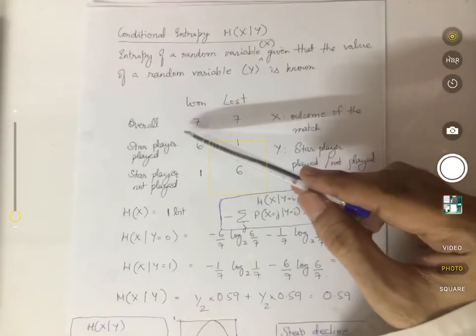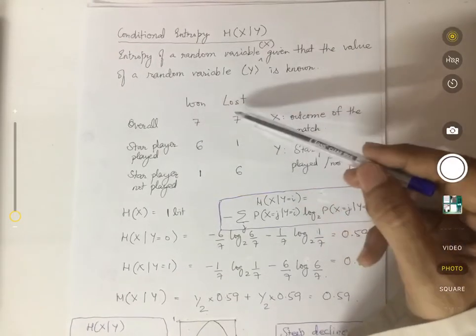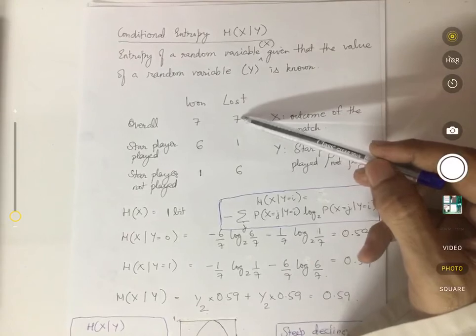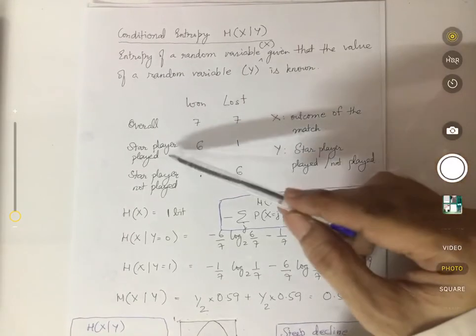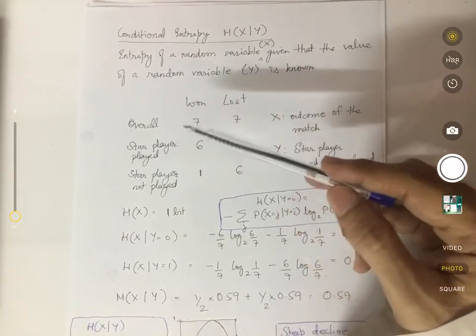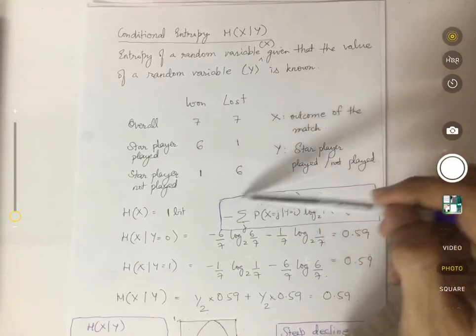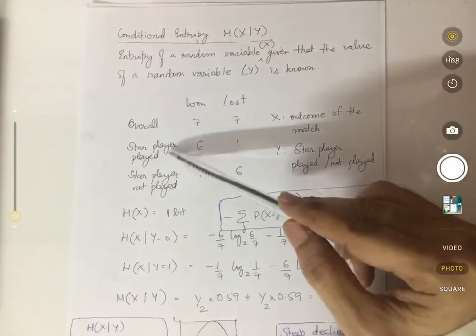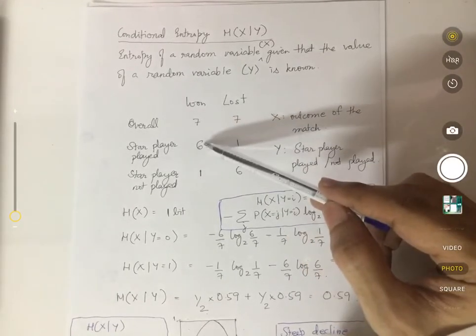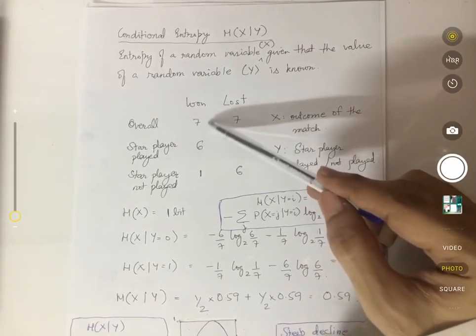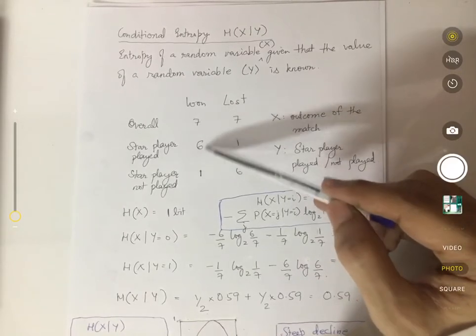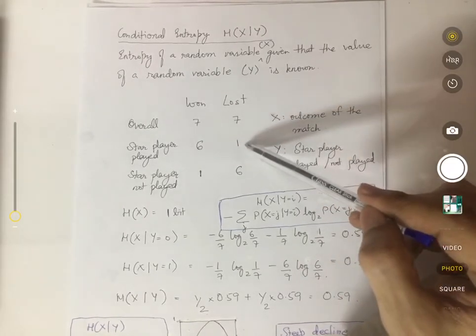Supposing you have a team which has won 7 matches and lost 7 matches, and you have a star player who has played in 7 matches and who has not played in 7 matches. When the star player plays, he wins 6 of the matches and loses 1 match.